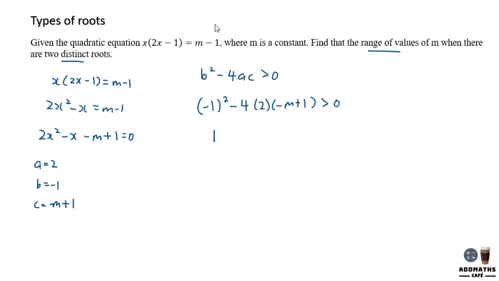Negative 4 times 2 times negative m, you will get positive 8m. Negative 4 times 2 times 1, you will get a negative 8 over here. So 1 minus 8, you will get negative 7, and 8m more than 7, and m is more than 7 over 8. So this is the range of values of m.